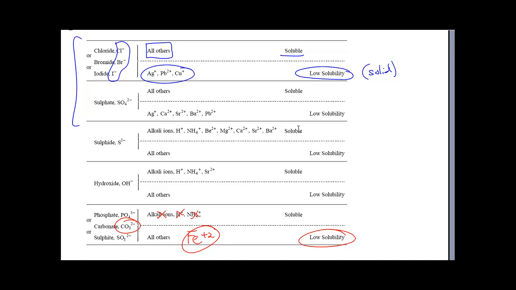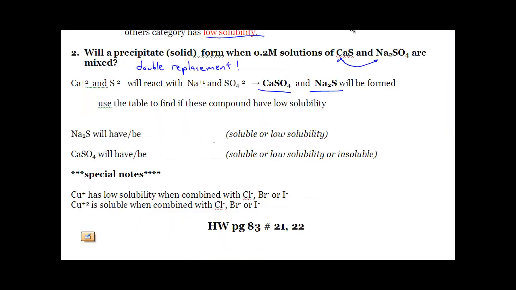So Na2S will be soluble. If you look for CaSO4, there's the SO4, there's the Ca. It has low solubility. So what that means is when you mix those things in solution, Na2S will be soluble, so it won't even form. It'll just stay in ions floating around in solution. And CaSO4 will be chunky.